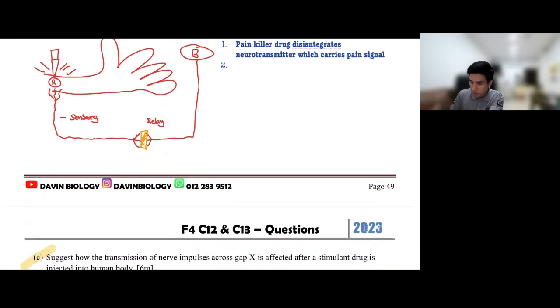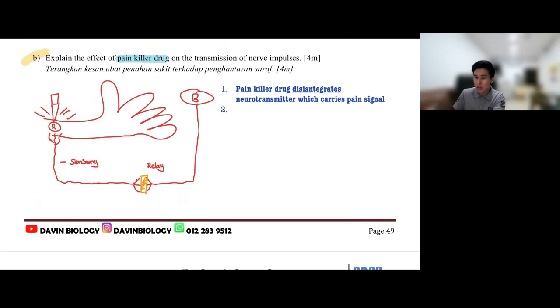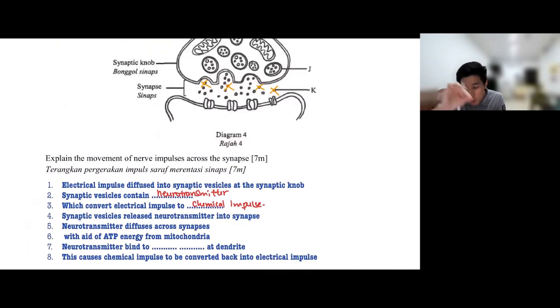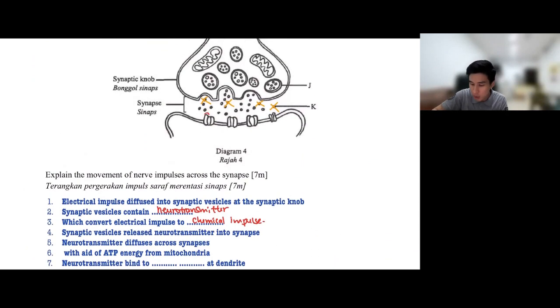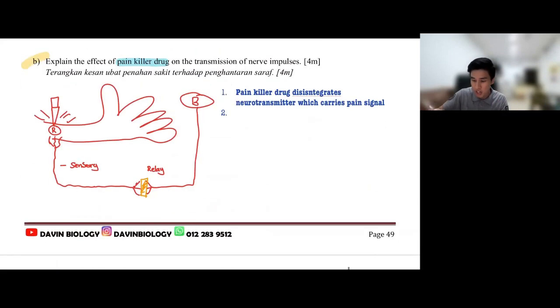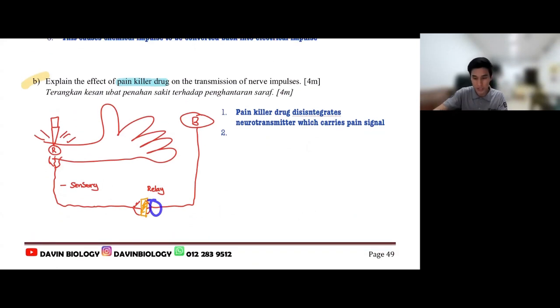And therefore, next thing you answer me, since the neurotransmitter that carries pain is being disintegrated, meaning less of the neurotransmitter will move across the synapse and bind to what? What's this thing called already? Very good, the receptor protein. So usually it cannot jump across and bind to the receptor protein and reach the next neuron. So that's basically the thing here.